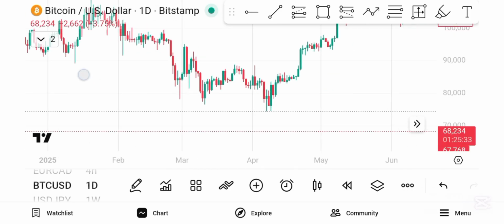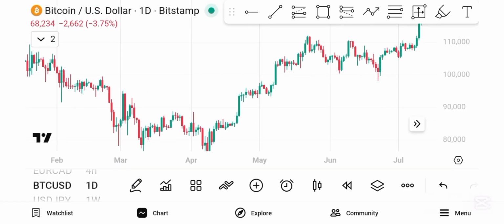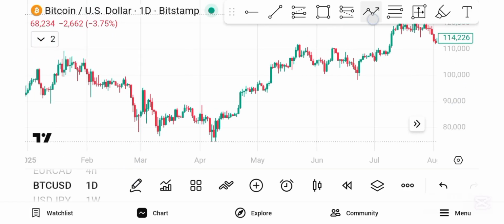Let me give you an example of a bullish movement, that is an uptrend.